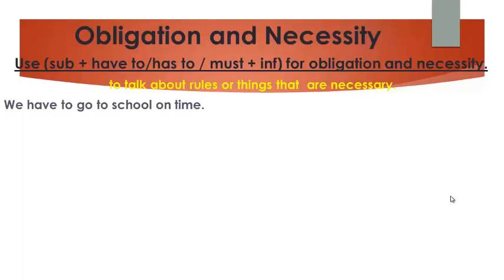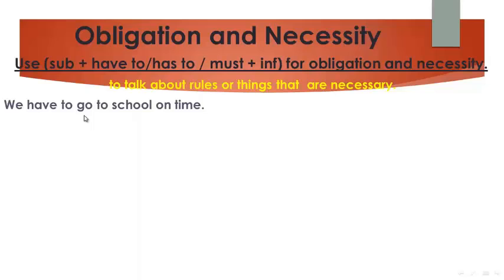For example, we have to go to school on time. We have here the word we, plural, so it takes have, not has. We have to. After have to comes the infinitive, go.